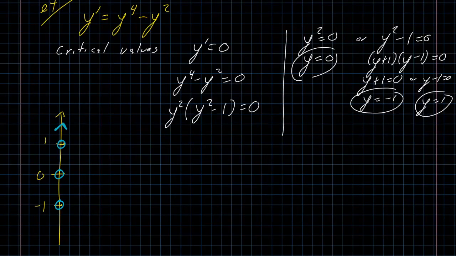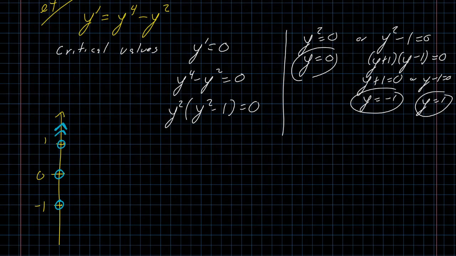And so the function is going to be increasing in the space up here. If I plug in something between 0 and 1, like 1/2, I'm going to get 1/16 minus 1/4, which is... negative 3/4?